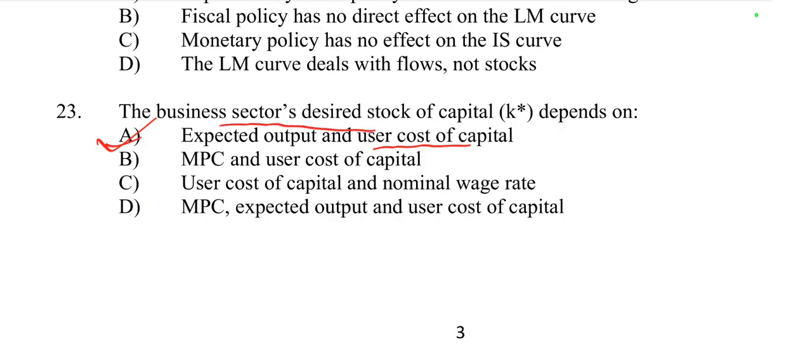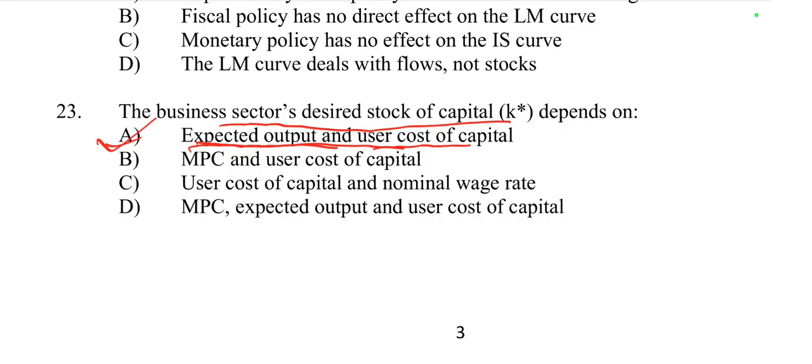What is expected output? Businesses invest in capital based on the anticipated future level of output they expect to produce, as it determines the potential returns on investment. So it depends on expected output.